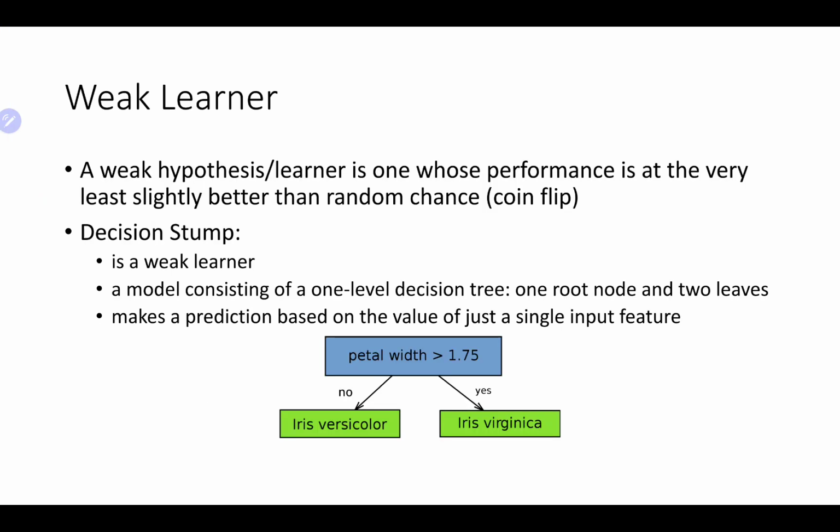So what is this weak learner? Well, a weak learner is generally a very simple model that at least achieves about 50% accuracy. Okay, so it's slightly better than a random chance, a coin flip. So a decision tree with a single level, a single split, is a weak learner. This is also referred to as a decision stump.